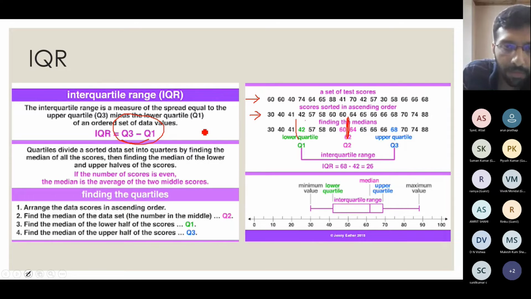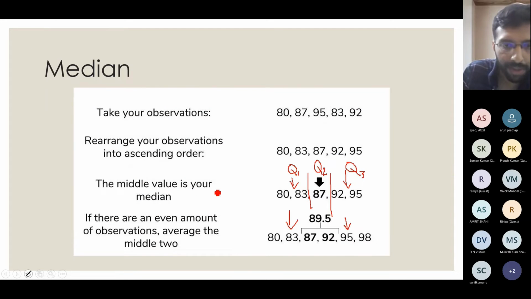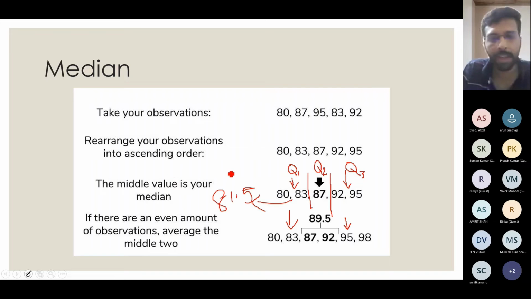Arun, we can use the previous slide example, that will work. Yeah, fine. So if you go to this example, here 80 plus 83 by 2, 81.5, was Q1, and 92 plus 95 by 2, 93.5, was Q3.